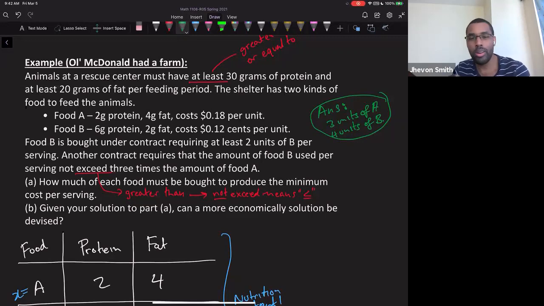B is the cheaper one, so you're not allowed to use more than 3 times the amount of food B as you would as food A. So you can't do something like, for example, just buy food B all the time and kind of mix and match it. You have to proportion it differently, right? So that was one restriction. Another restriction was you're required by contract to buy at least 2 units of food B.